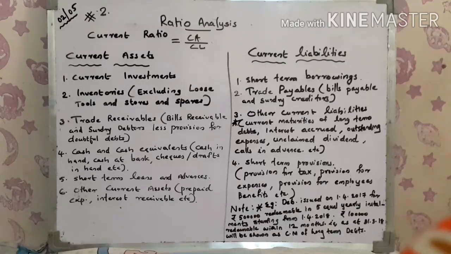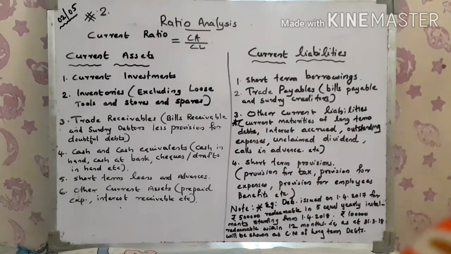Cash and cash equivalents means cash in hand, cash at bank, checks, drafts in hand, etc. And any assets that can be converted into cash and cash equivalents.